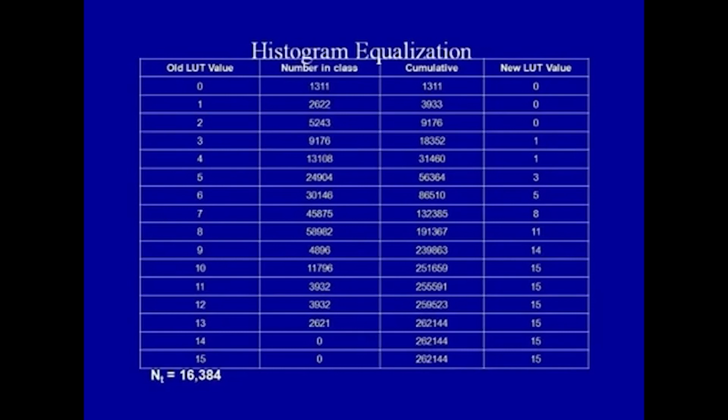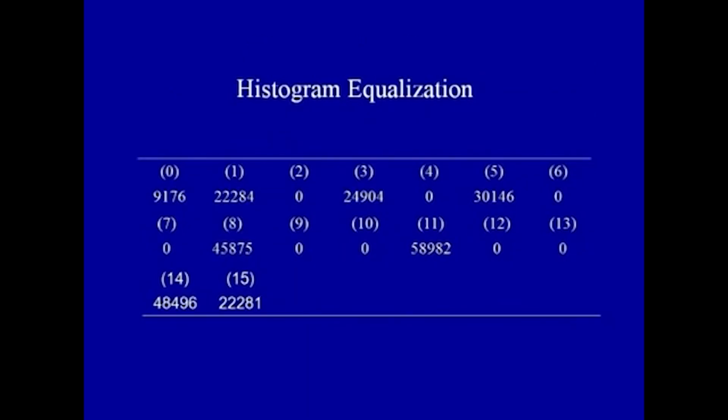Having done this task, we can now identify how many pixels have been readjusted into the new brightness scale, and we find that there are 9176 points having brightness level 0, whereas in the original data it was only 1311.